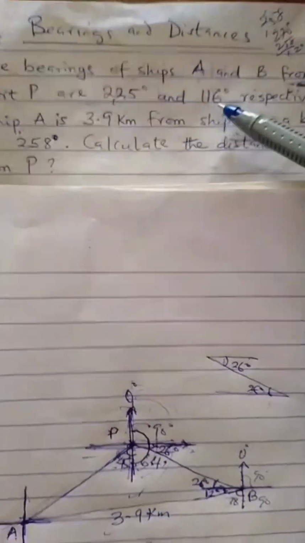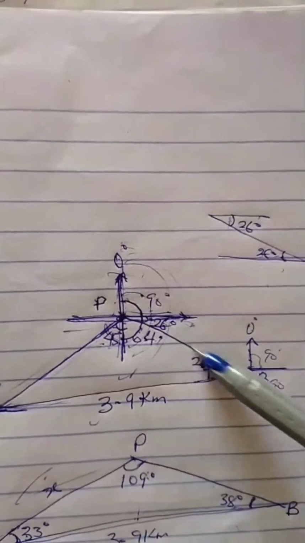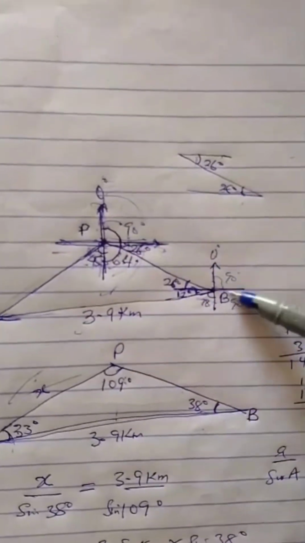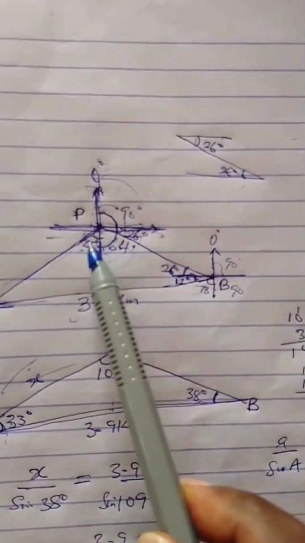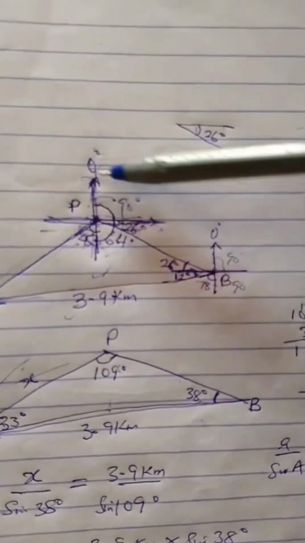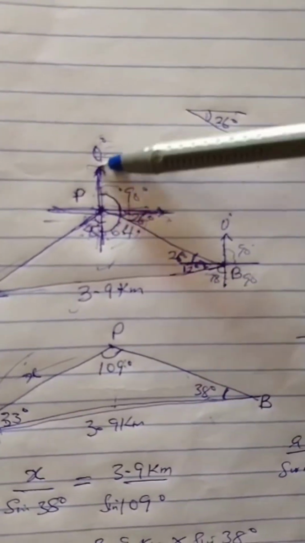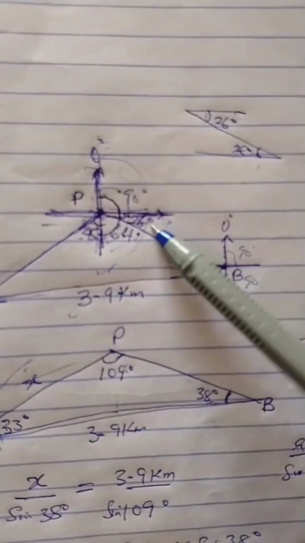Ship B is on a bearing 116. So 116 is simply 90 plus a little 26. So draw a straight line again. Ship B is on a bearing of 116 degrees from port P. Remember, we are measuring from our north, like the y-axis, and we're going clockwise. Each quadrant is 90, so 90 plus what will give you 116?